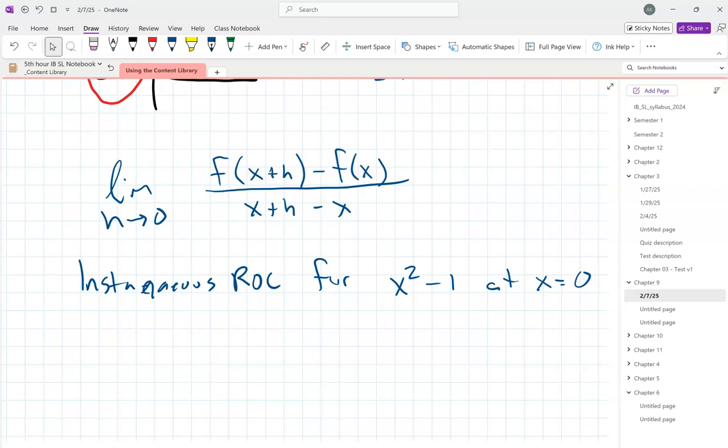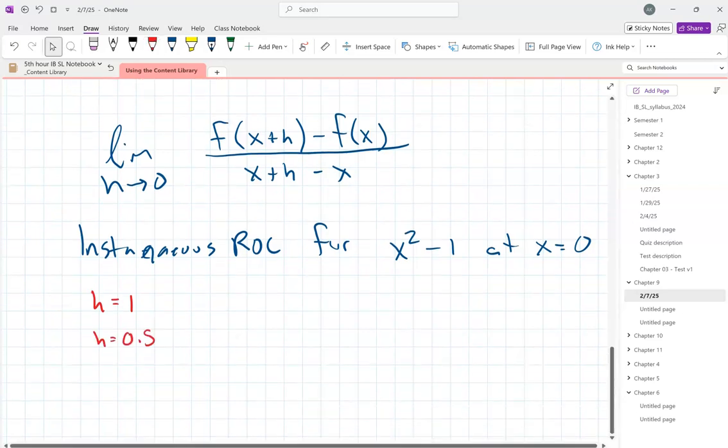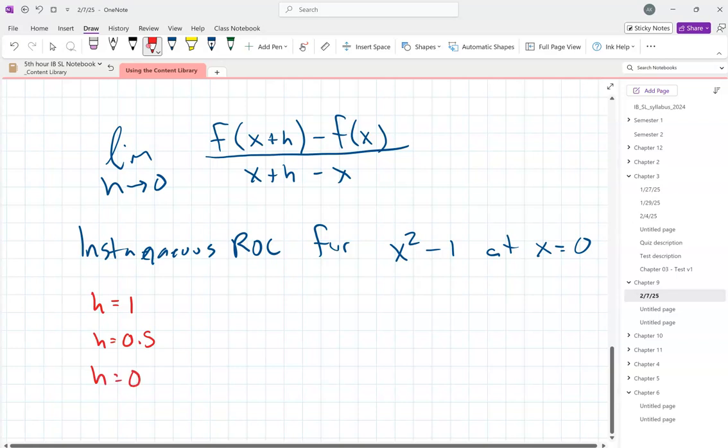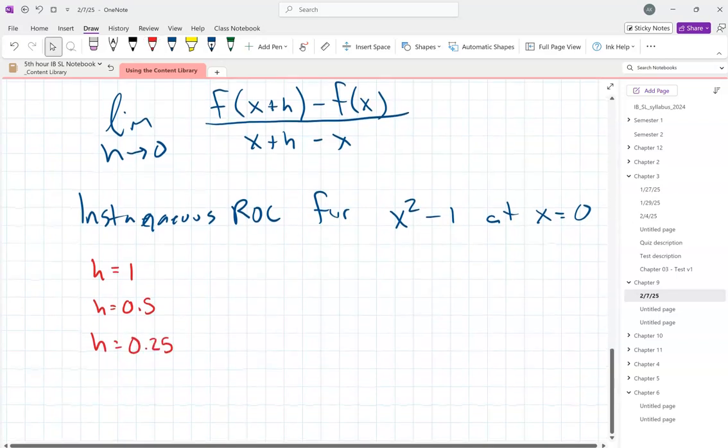So let's just say we want to look at the instantaneous rate of change for x squared minus 1 at x equals 0. So what we'll do is we'll just start at, say, h equals 1, and then we'll just keep getting closer and closer and kind of see what's going to happen here.